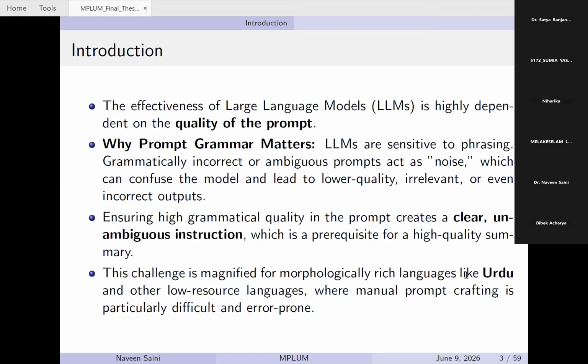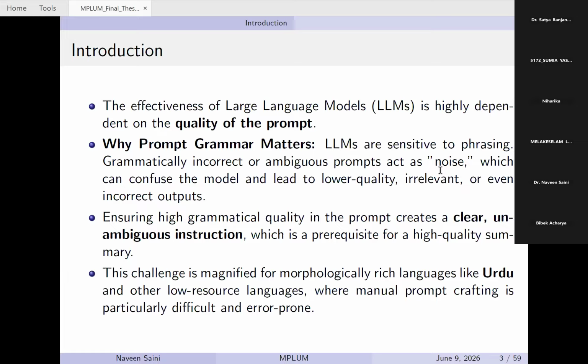But this is not true, because everyone knows an LLM may hallucinate, and the quality of the summary totally depends on the type of prompt provided. Whenever you want to generate a summary, the prompt should be noise free. It should not be ambiguous.